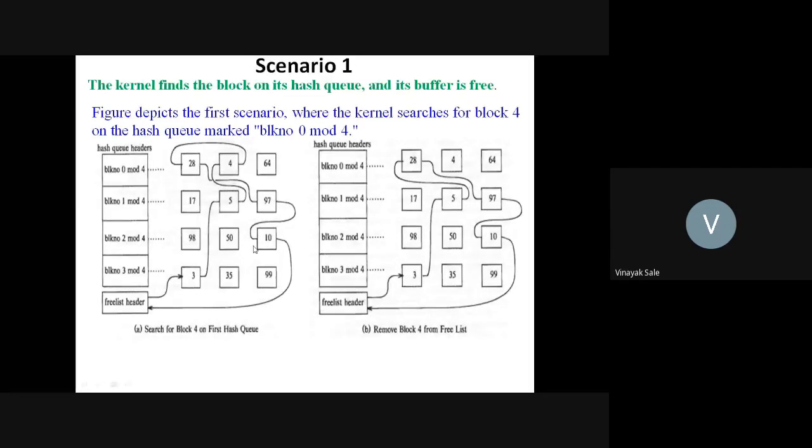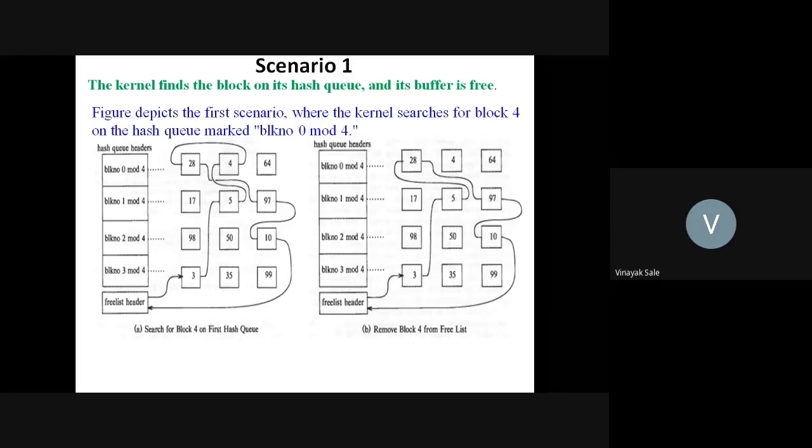In figure A, after 3, 5, there is 4; in figure B, after 3, 5, there is 28. So the kernel finds a particular buffer on the hash queue, the buffer is free, and it removes it from the free list and allocates it to the kernel.